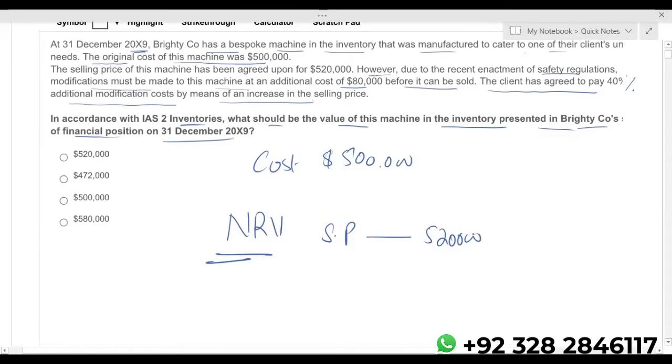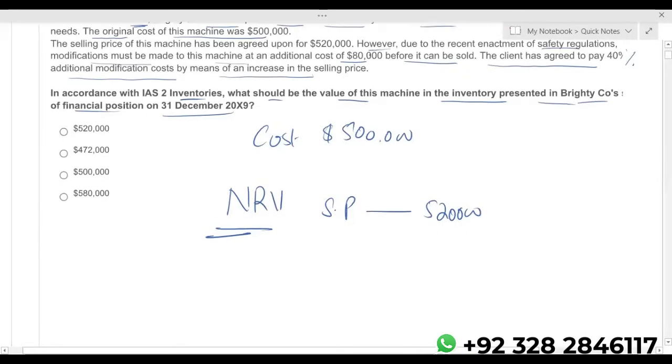But now we have to bear this modification cost, which is 80,000. This modification cost is actually the necessary cost to sell. Without this, we cannot obviously sell this.